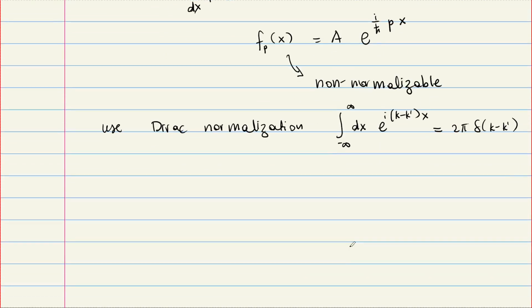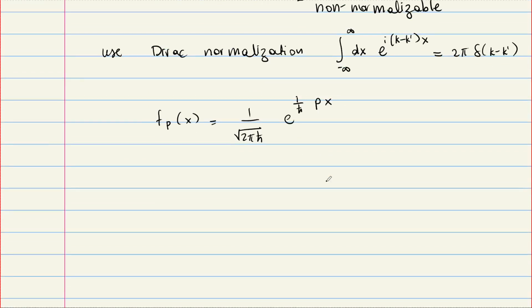Then, if I now define f_p(x) with this kind of normalization, 1/√(2πħ) e^{(i/ħ)px}, then it obeys this kind of normalization, right?